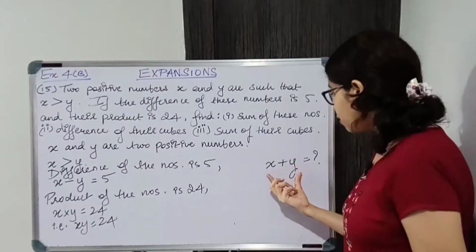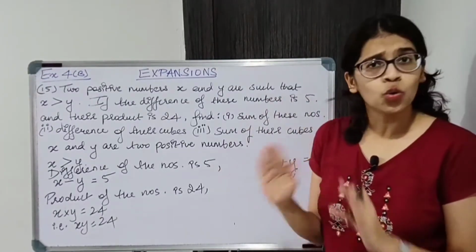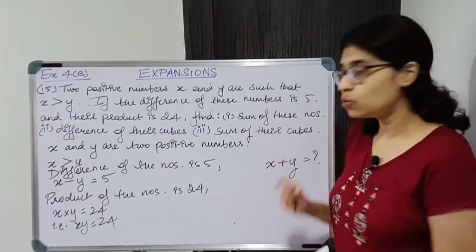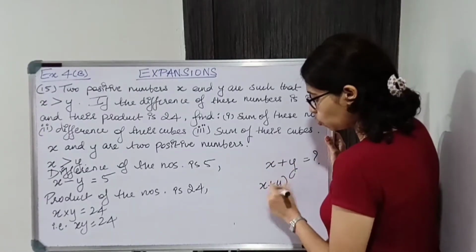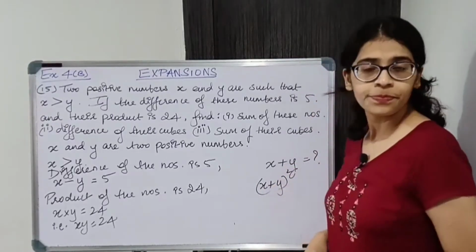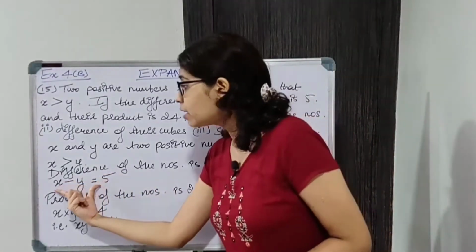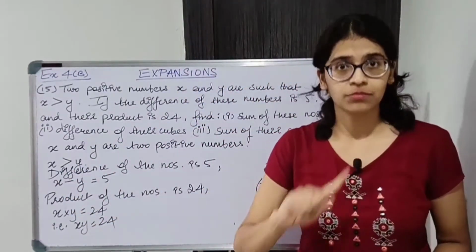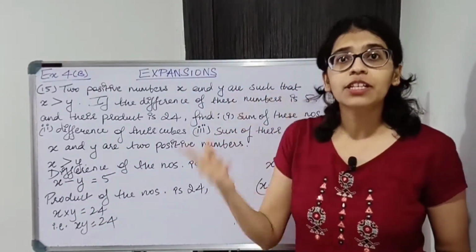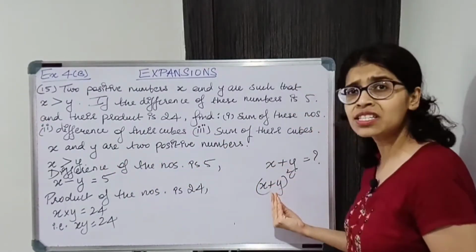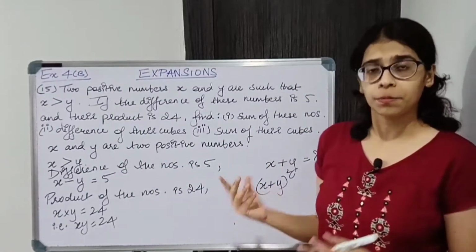Now can I find x plus y directly? No. I don't know any identity for x plus y. So what I'll do, I'll find x plus y the whole square instead. But before finding x plus y the whole square, I'll square the given information. Always square the given information. Okay. Then only you will be able to find the square of the to find part.